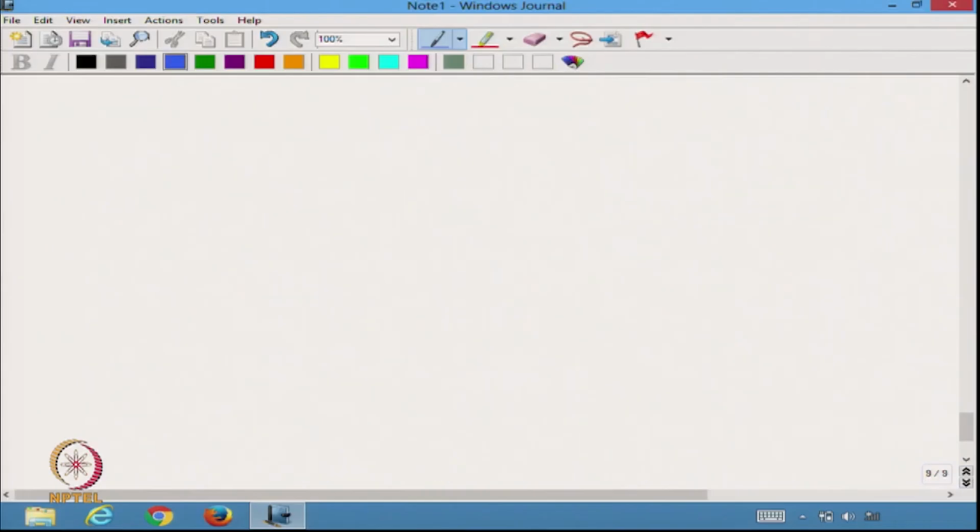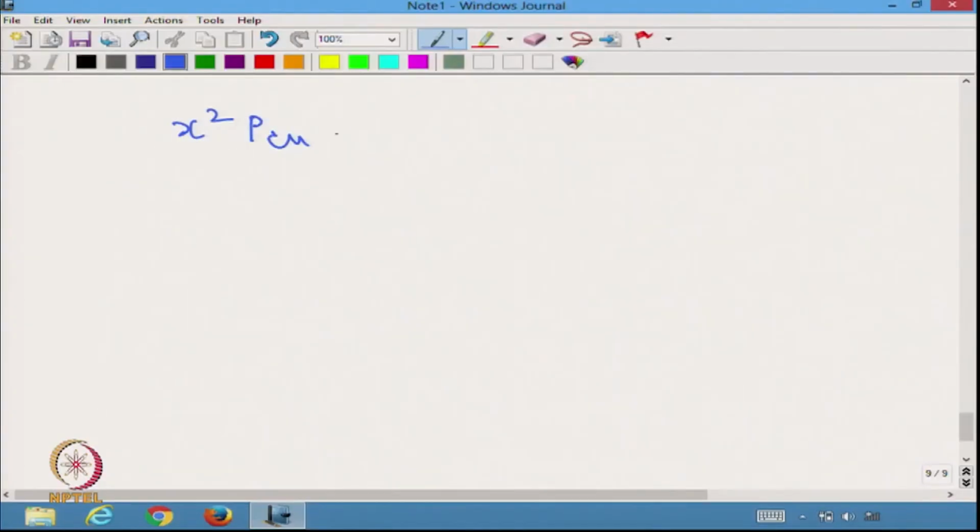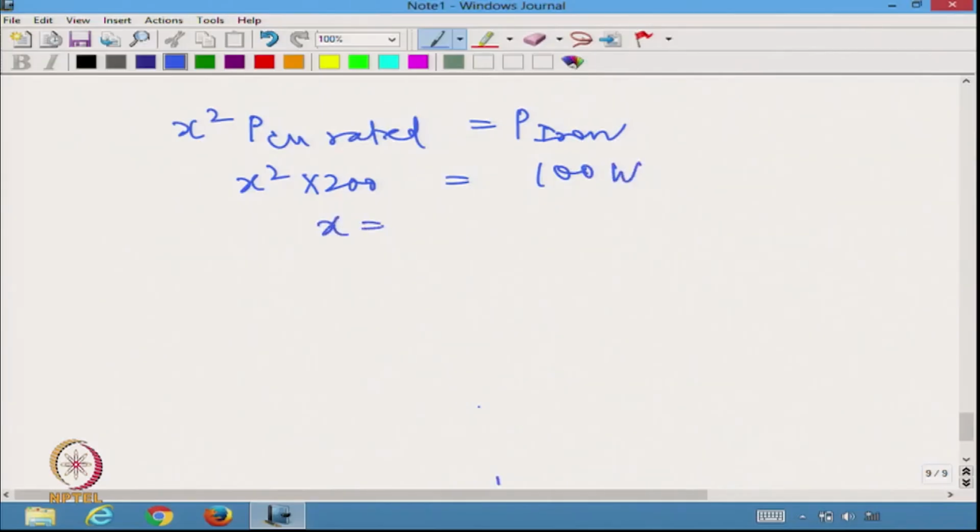So, I can write this as X square times PCU rated is equal to P iron. So, this is X square times 200 equal to 100 watts. So, X will be equal to square root of 1 by 2.